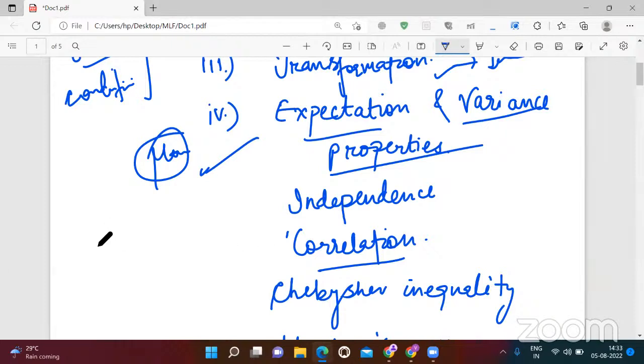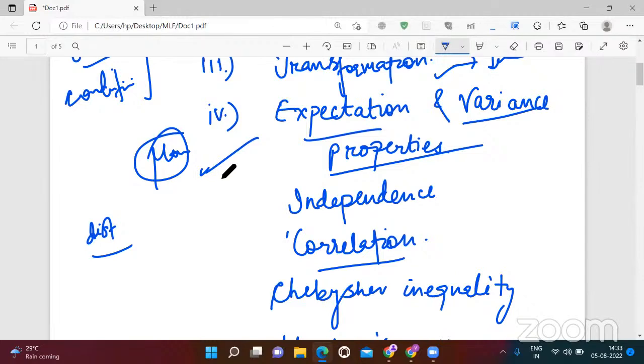I can't say directly whether it will be discrete or continuous, but both mostly have the same properties. Wherever there is a discrete, you just have to do the summation. Wherever there is a continuous, you just have to integrate.